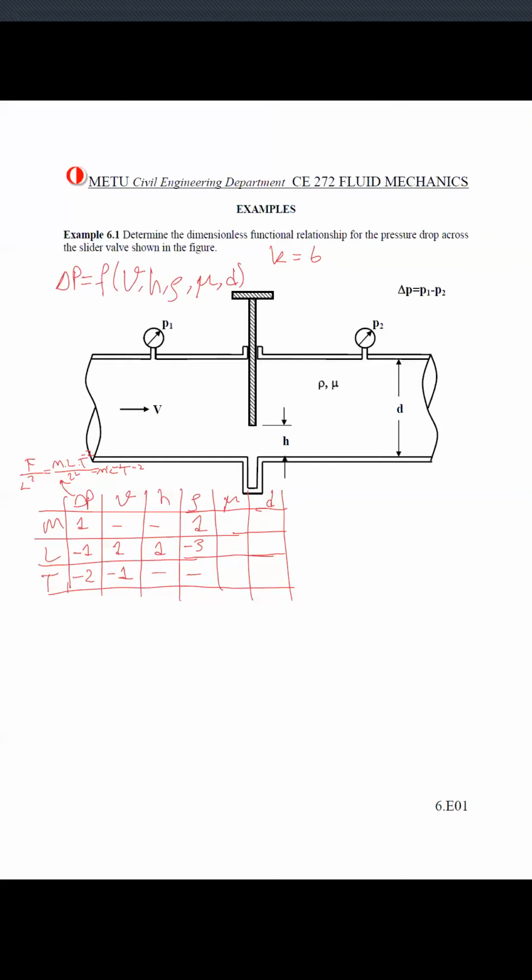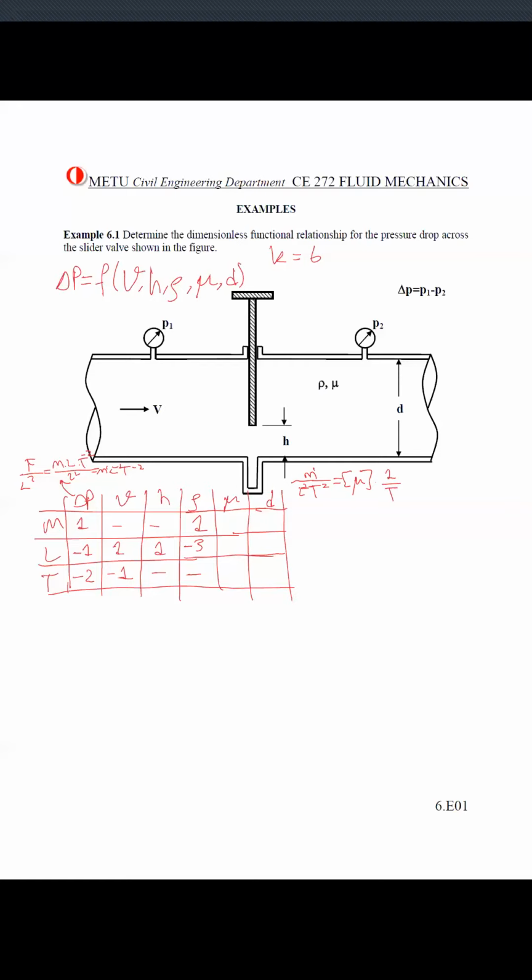Shear stress is also pressure, so a pressure having M to the power 1, L to the power minus 1, and T to the power minus 2 equals the dimension of viscosity times the velocity gradient, which has 1 over t as a dimension.